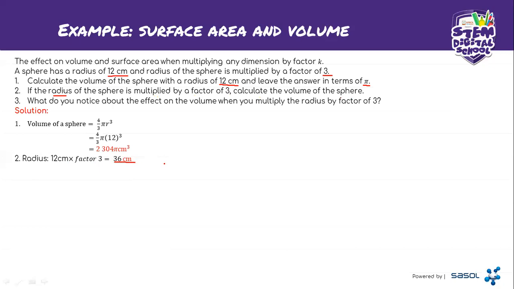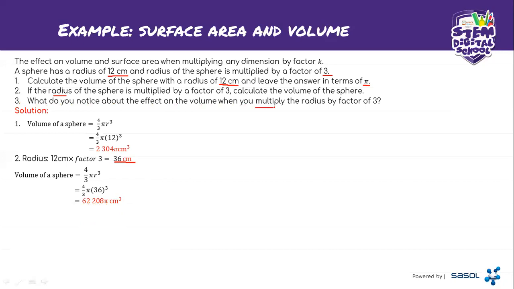Now our radius is no longer 12, but 36 centimeter. Then let's calculate the volume again, and this is the answer: 62,208 pi centimeter cubed.